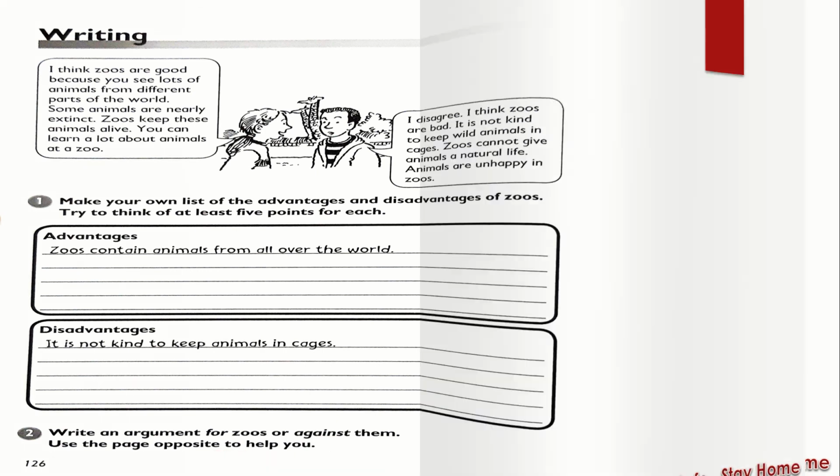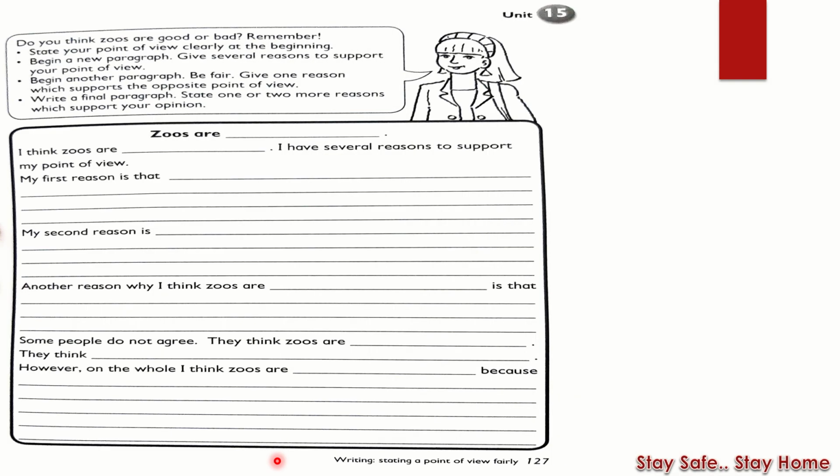Now we need to write an argument on this page. Here are some points to help you, and then you continue. Zoos, are they good? Are they bad? I think zoos are good, or bad. I have several reasons to support my point of view. So if they are good, my first reason is that... Where do you get your first reason?